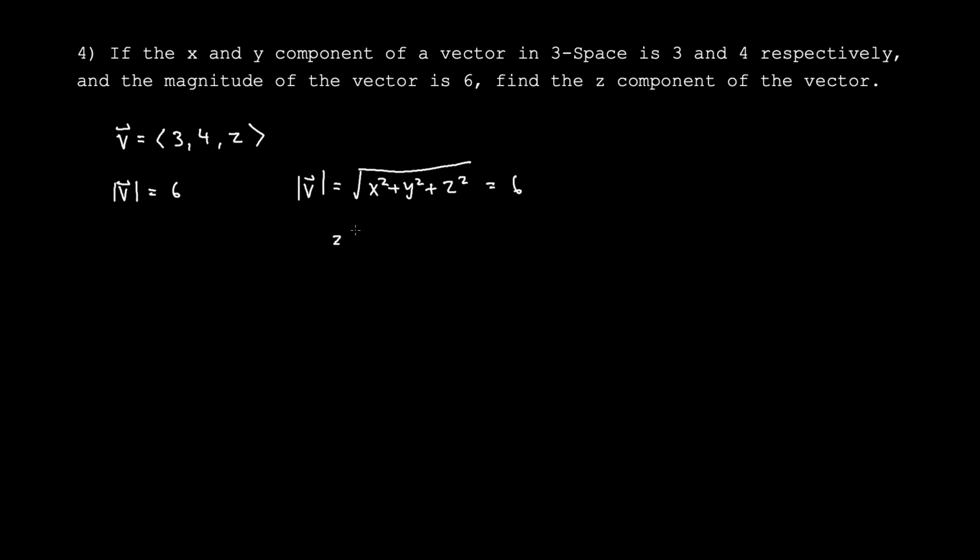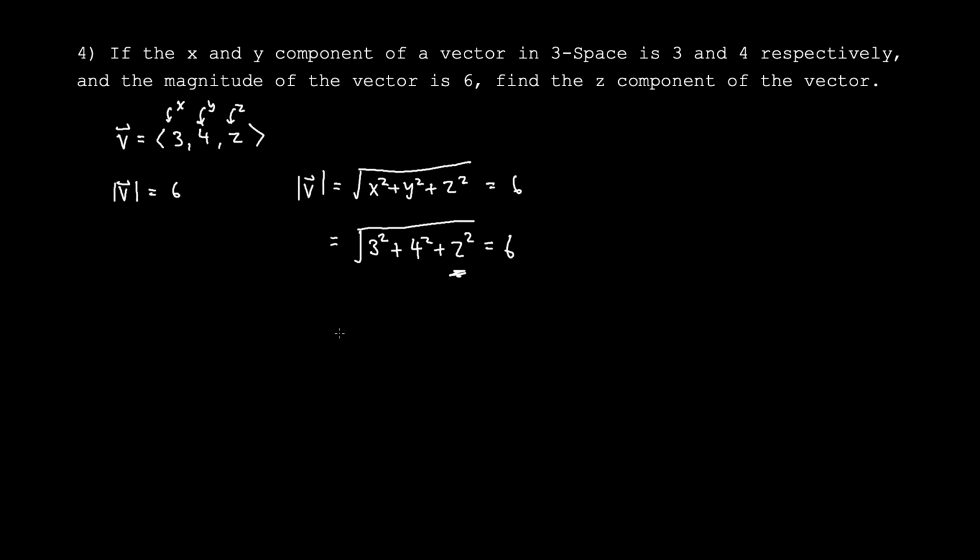We can plug in what we know to this formula. We know the x and y components, so we have the square root of 3 squared plus 4 squared plus z squared equals 6. This is the x component, this is the y component, and this is the z component. This is an equation with one unknown variable, which is z, so we can isolate z and solve.